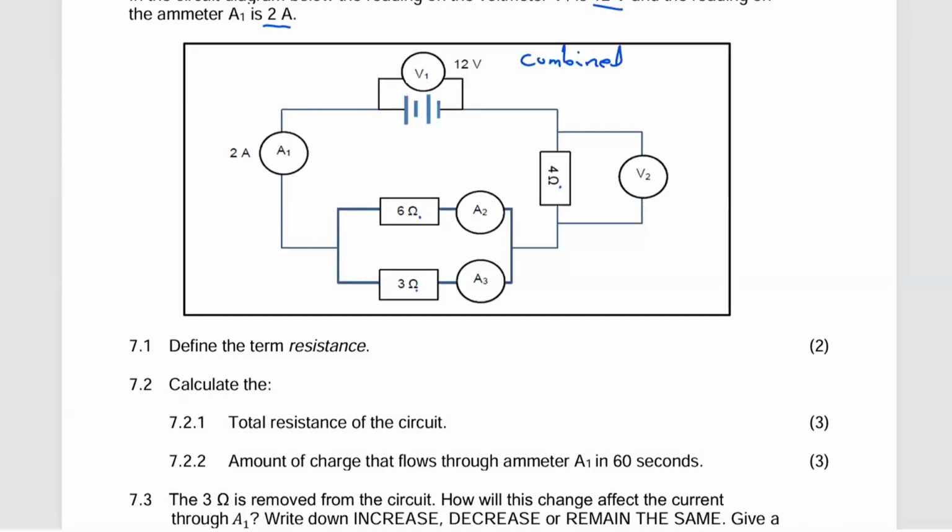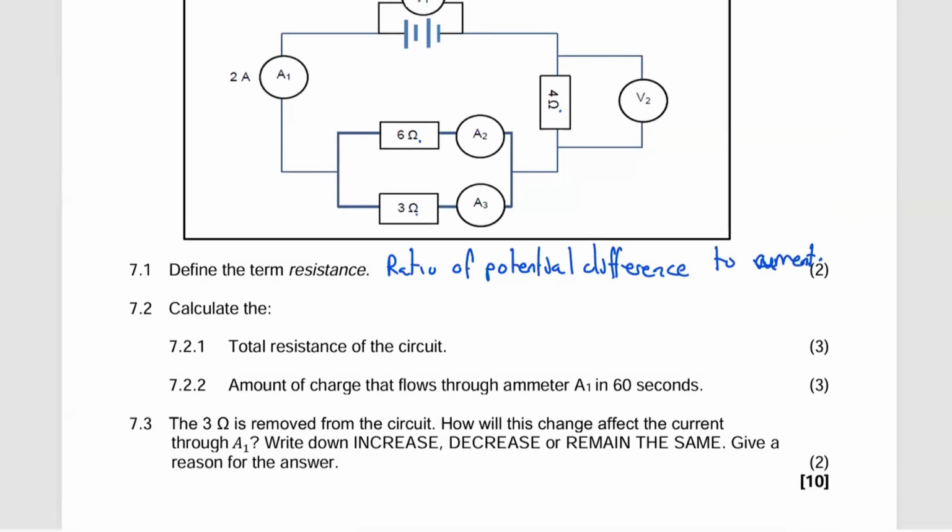This is just the ratio of potential difference, which is our voltage, to current. Then question 7.2.1 asks us to calculate the total resistance of the circuit.